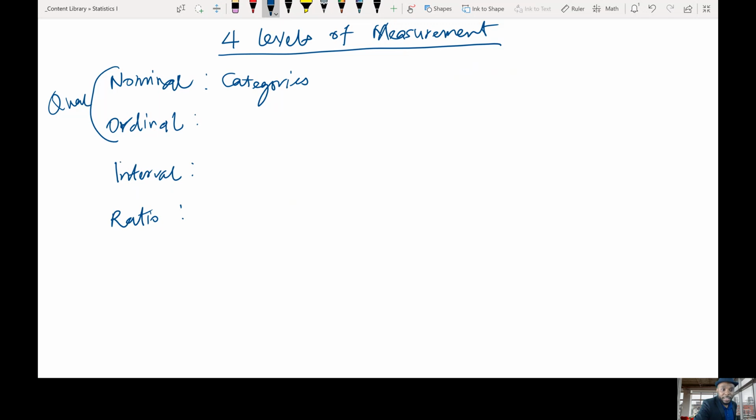And quantitative data are interval and ratio, I'll say this is quan. Okay. Now, nominal data are not ordered. An example of nominal data would be religion.